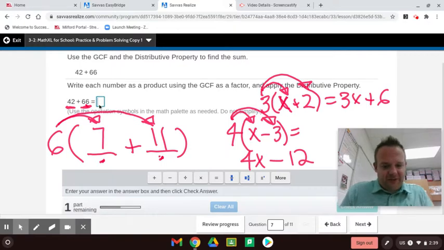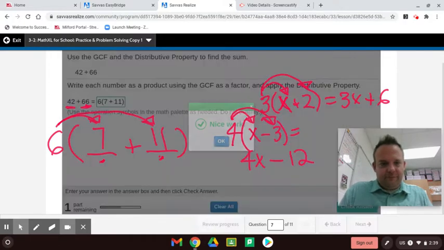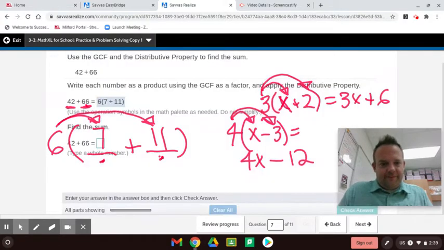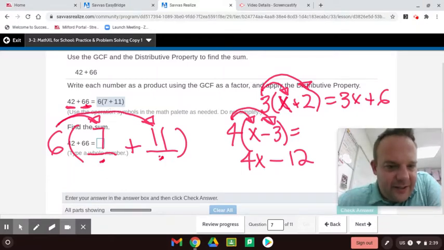Okay, so 6 times 7 plus 11. And now find the sum. 7 plus 11 is 18, and then 18 times 6.